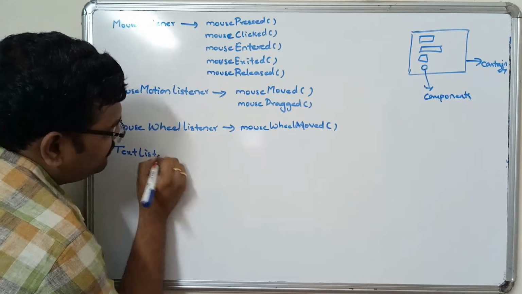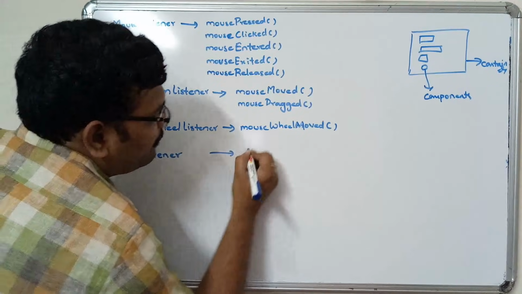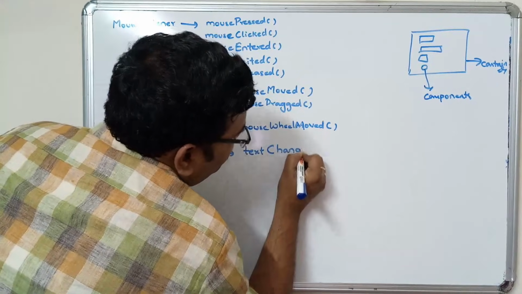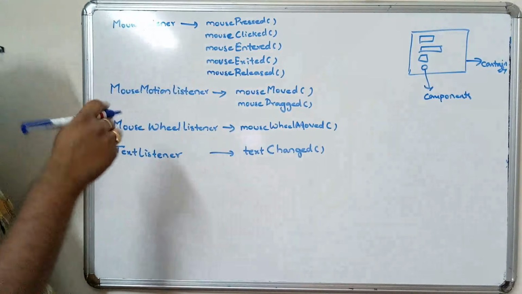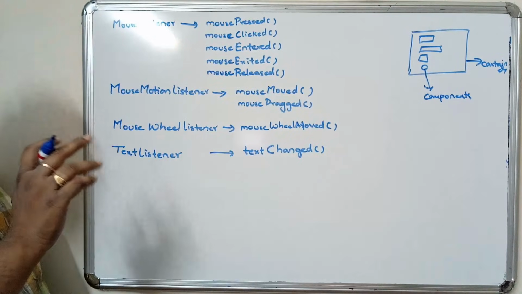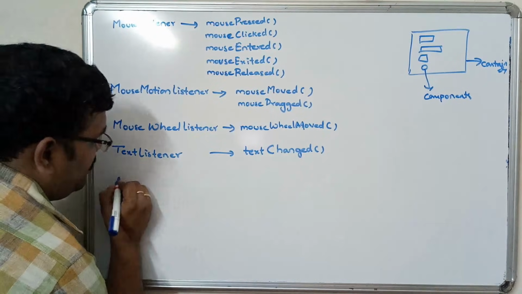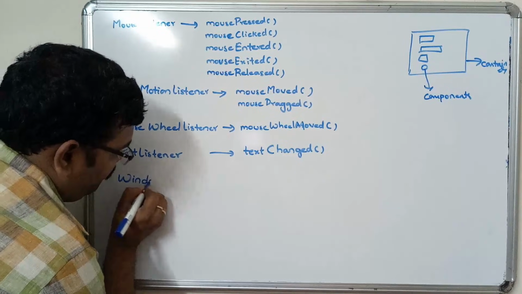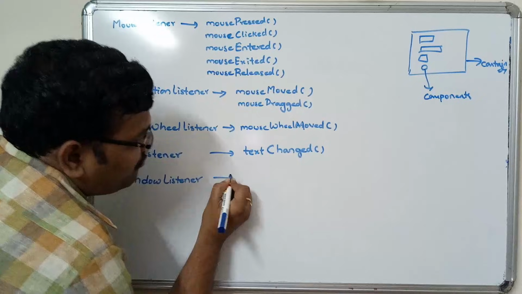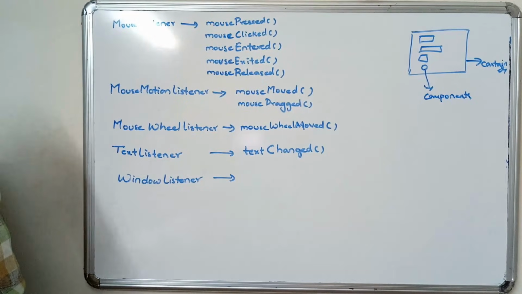Next, text listener. Only one method, that is text changed. Whenever we want to change the text, automatically this text listener will be implemented. Now, window listener.